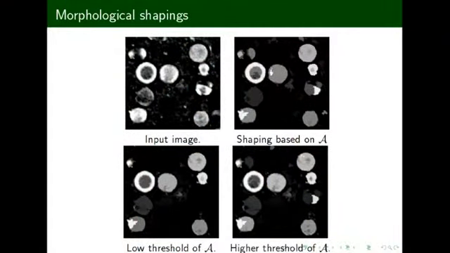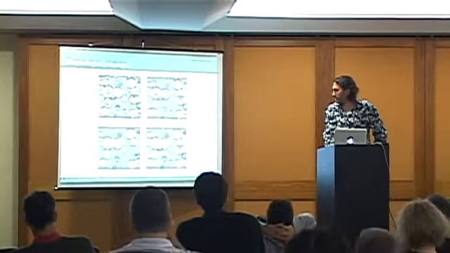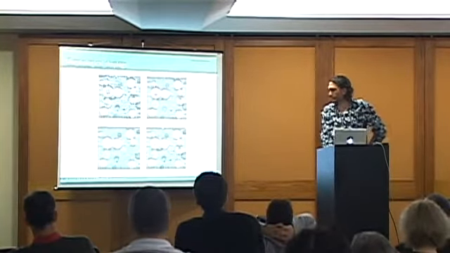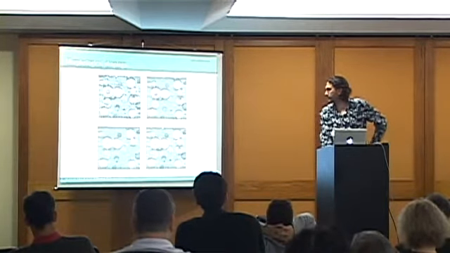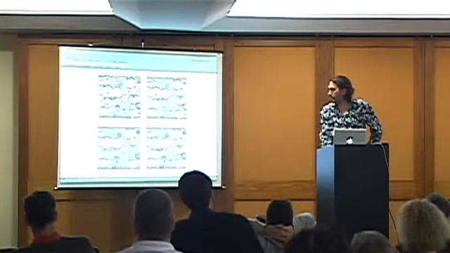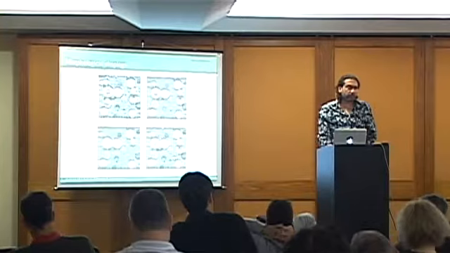So here are some results with different parameter settings. The image, a shaping based on the first attribute, and two thresholds of the same attribute compared to the shaping. So what can you notice on the image? In the background, with thresholding, you have a lot of noise that you don't want.